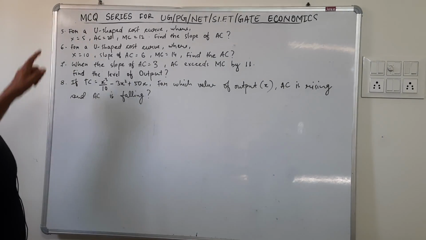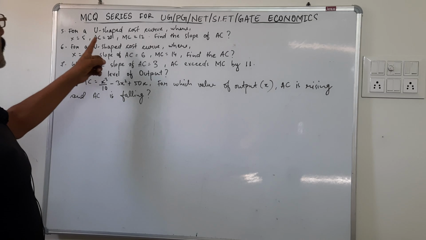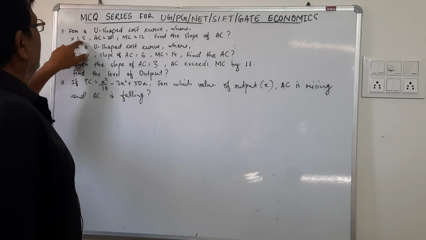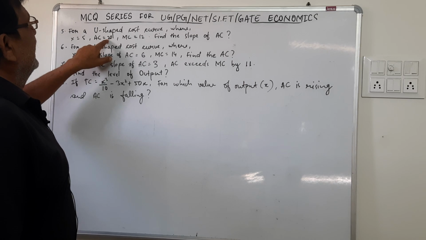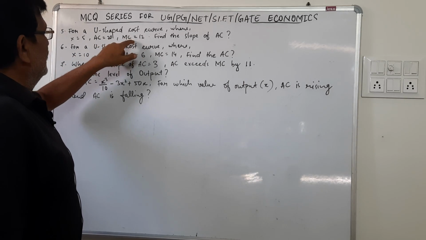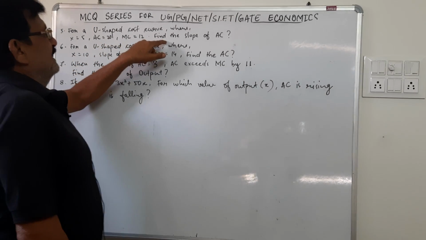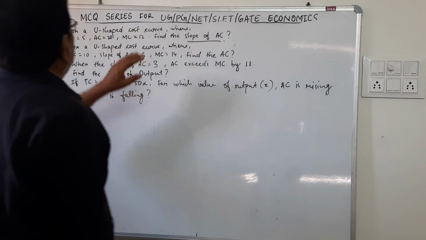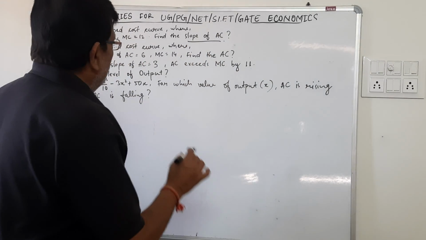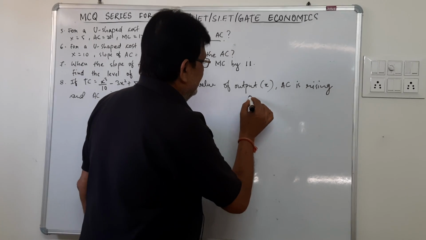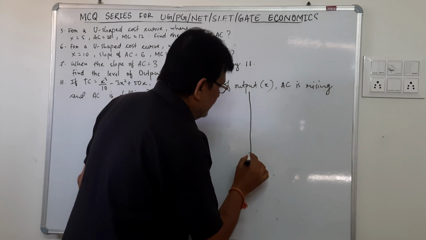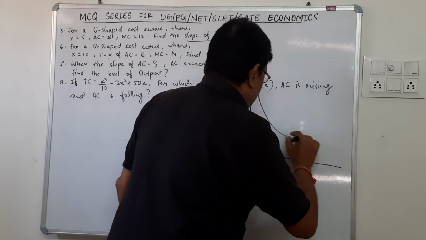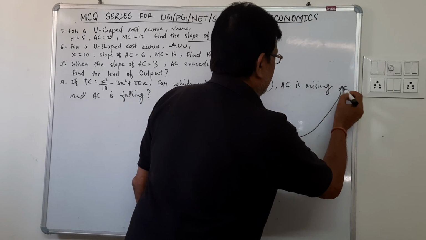Yes, question number 5 says that for a U-shaped cost curve, level of output is 5, AC is 20 and MC is 12. Then it has been asked to find the slope of AC. Now look, for such a sum there is a particular relationship in economics which has to be kept in mind. This is average cost.